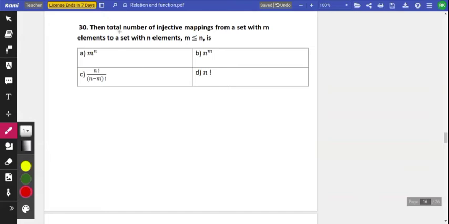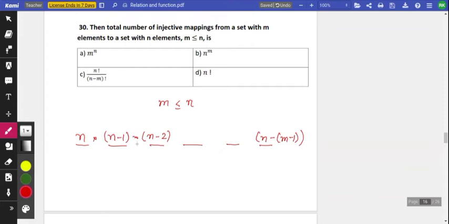In this question you have to find the total number of injective mappings from a set with M elements to a set with N elements. In this case, M is less than or equal to N. We have M spaces available, and for the first element we have N choices, for the second N minus 1, for the third N minus 2, and for the last N minus M plus 1.